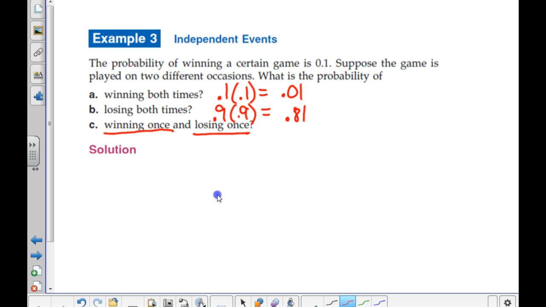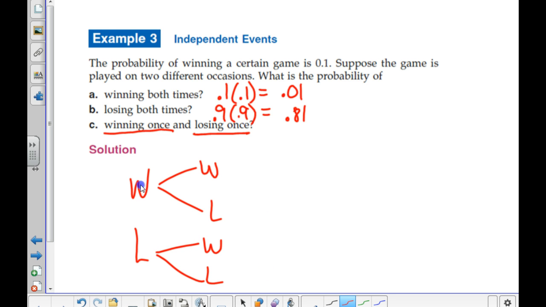No, this is 2 totally different events, okay? You could win or lose on the first try, then you could win or lose on the second try. So the chance that you win both is 0.01. The chance that you lose both is 0.81.